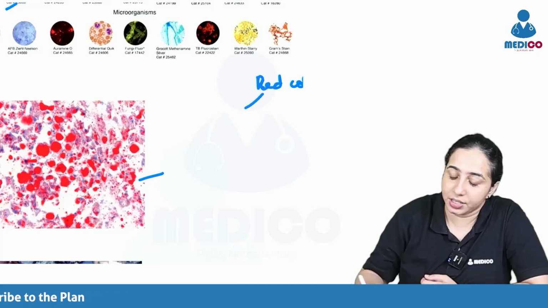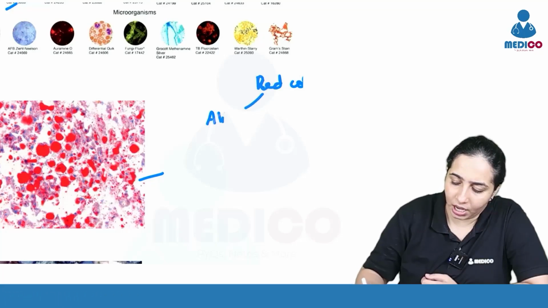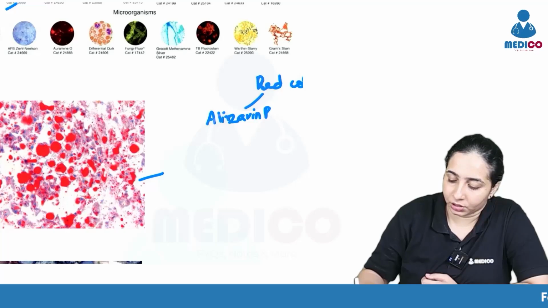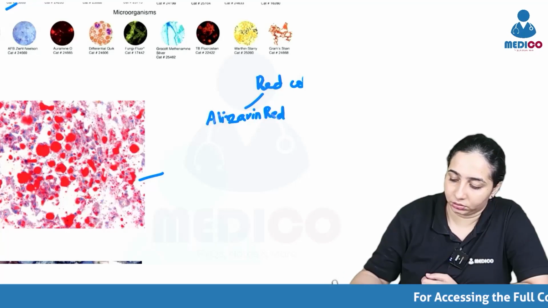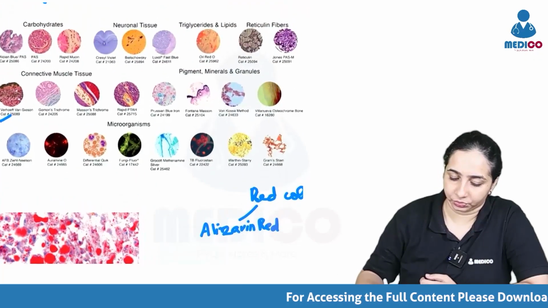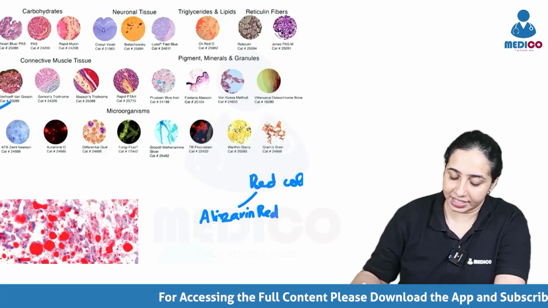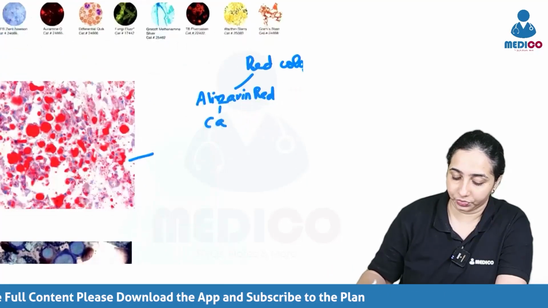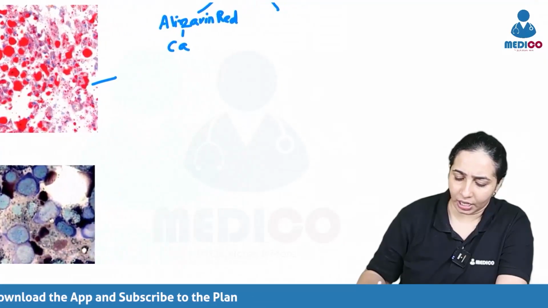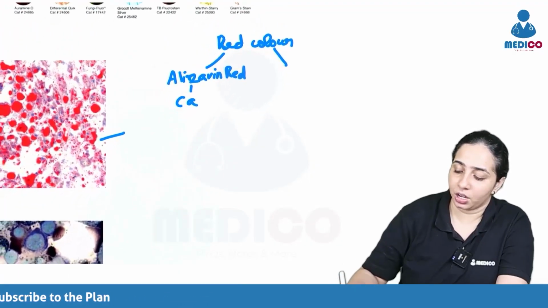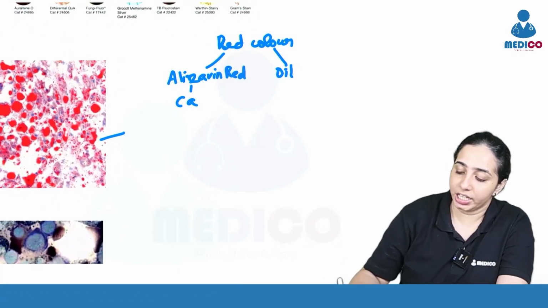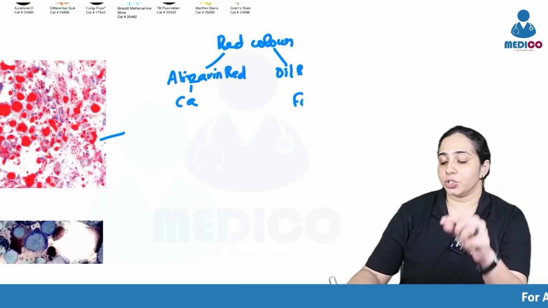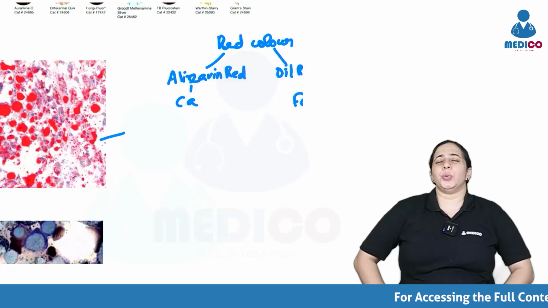The first one is alizarin red, which is used for calcium, and you have Oil Red O, which is used for fat. So you see a stain with a red color.